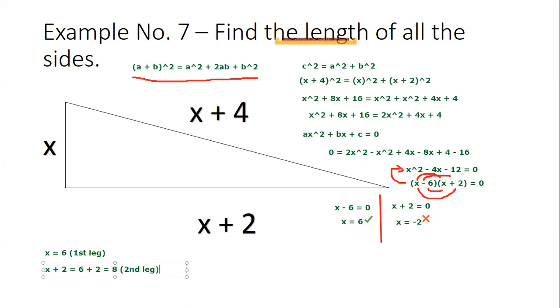And lastly, the hypotenuse, which is x plus 4, or 6 plus 4, which is equal to 10. So these are the answers for our particular problem.